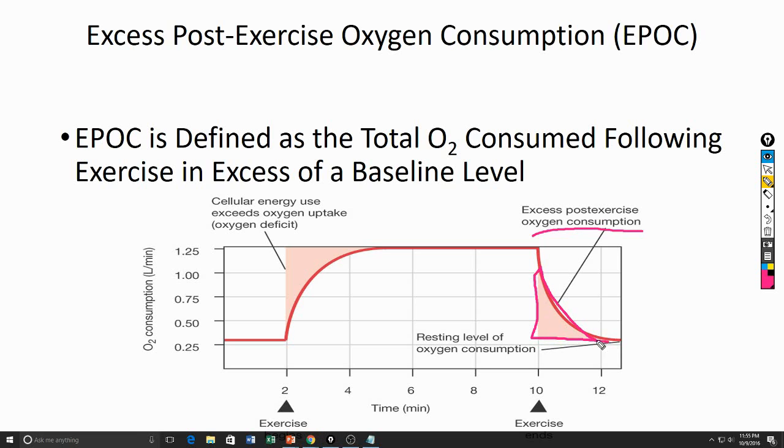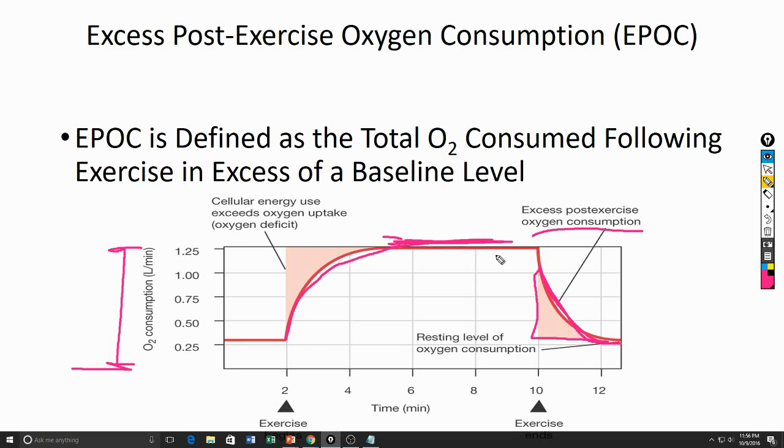If we look at the y-axis being oxygen consumption, and x being time, what we would see if I were to hook you up to an indirect calorimeter is that for the first bit of exercise, you have a period where you're trying to approach steady state.